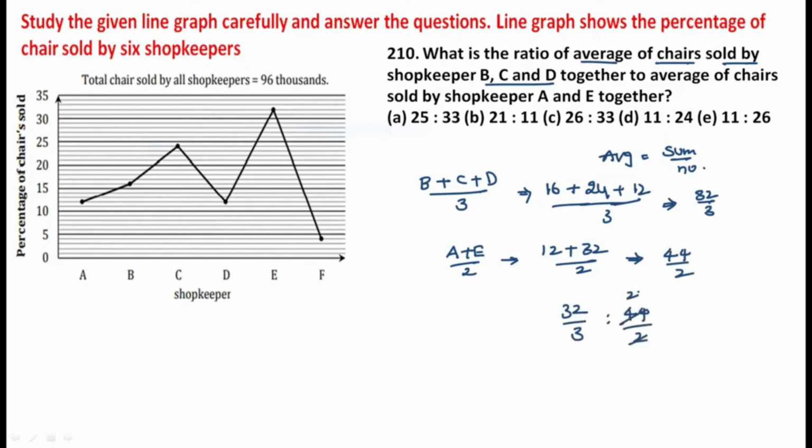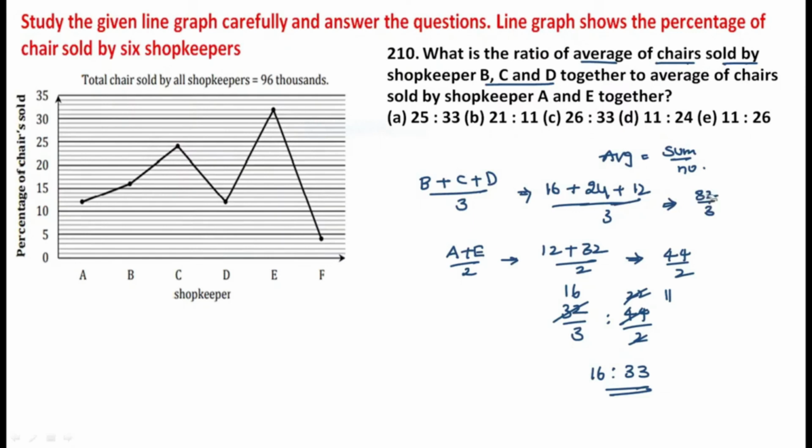Now 2 becomes exactly equal to 22. This is 11 times and this is 16 times. Now the answer becomes 16 is to 30. 22 2s are, 2 11s are, 2 16s are 16 is to, let me check, B value is equal to 16. C value is equal to 24 and D value is equal to 12.